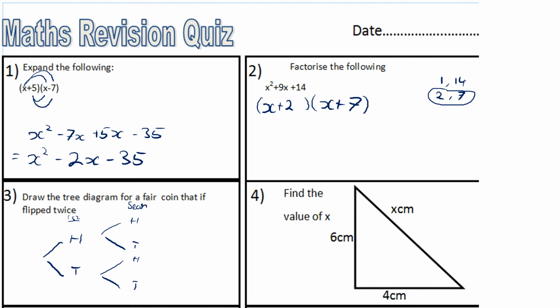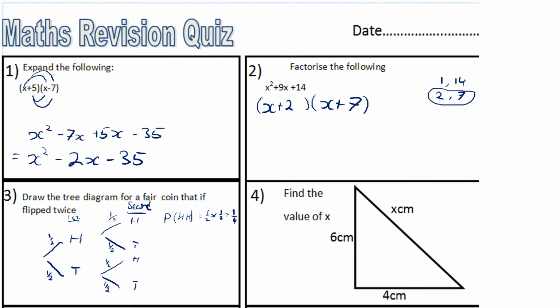Okay, so let's do our probabilities. So it's 1/2. I'm going to use fractions. You could use decimals if you want, it doesn't really matter. 1/2 on each branch. So let's work out the probability of each of them. So the probability of two heads is 1/2 times 1/2, which is 1/4.